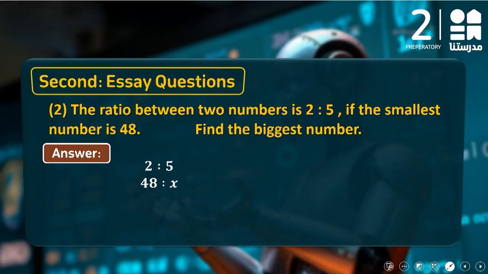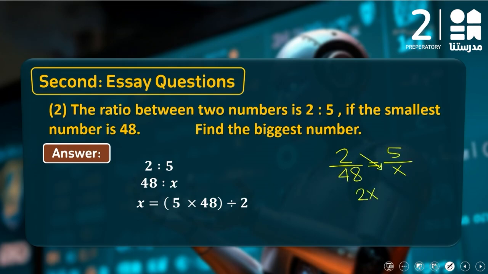Now we have a proportion: 2 over 48 equals 5 over x. We can use cross multiplication. So we have 2x equals 5 times 48. We divide both sides by 2. So x equals 5 times 48 divided by 2, and this equals 120. So the smallest number is 48 and the biggest number is 120.